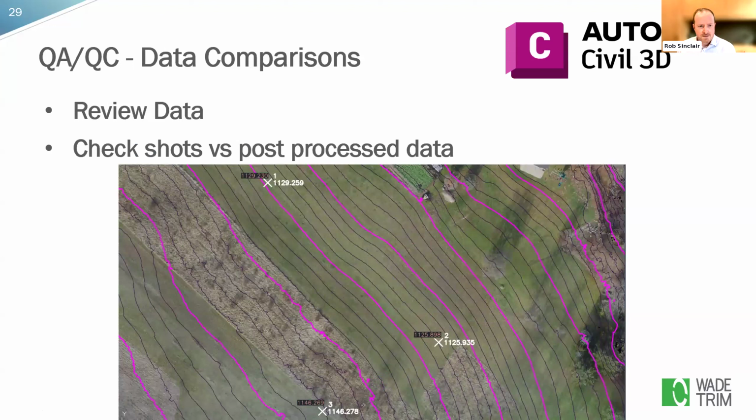So once all that's done, once your surface is built, we want to review our data, make sure we have accurate quality data. So we want to bring in our ground control shots. We can import that CSV file as COGO points. We should also have check shots across our project. And we want to compare that check shot to our actual surface elevation to make sure it's within our tolerance.